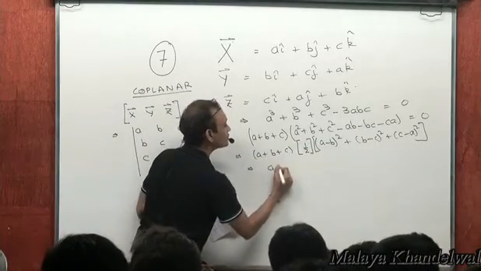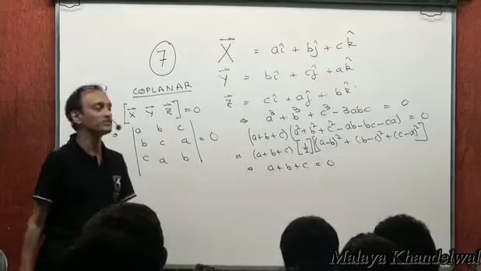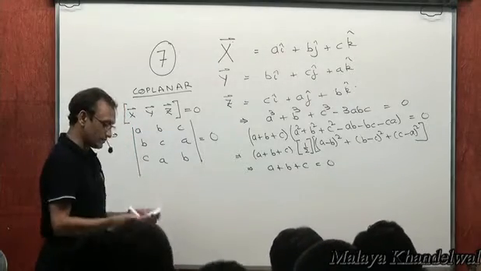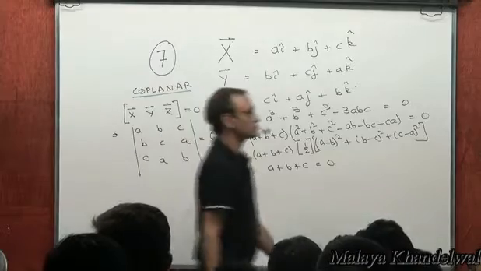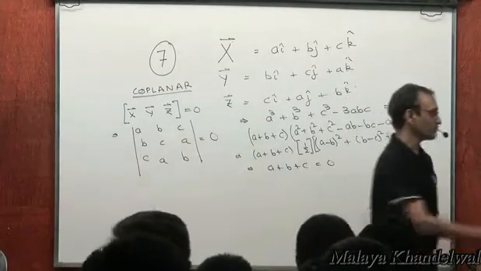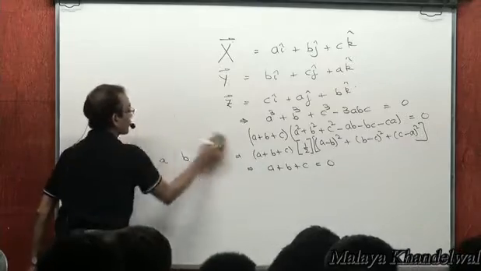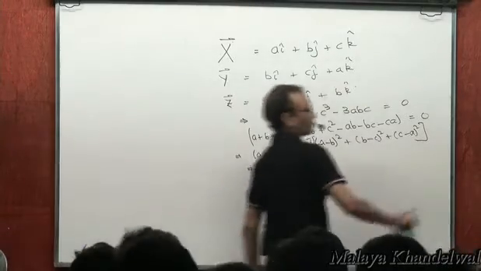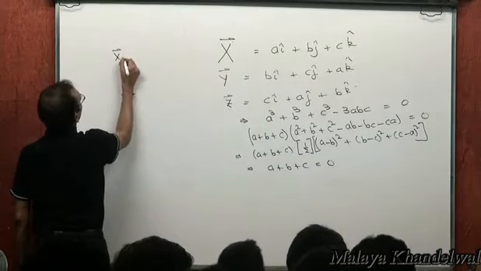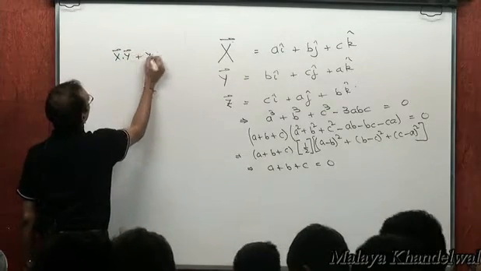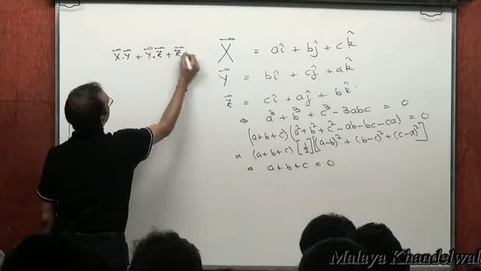Now, once we have this, let's look at what is required: x dot y plus y dot z plus z dot x. So far so good, right? The expression x dot y plus y dot z plus z dot x.